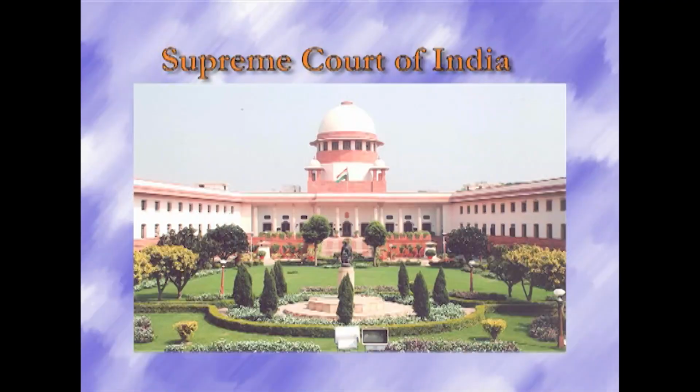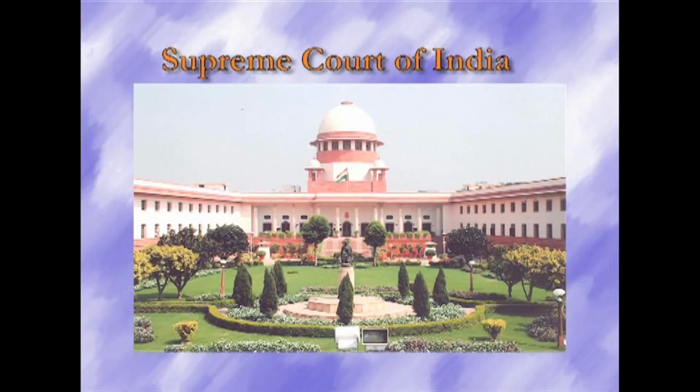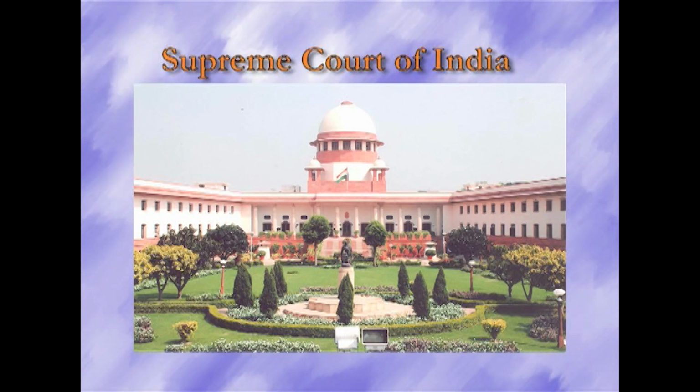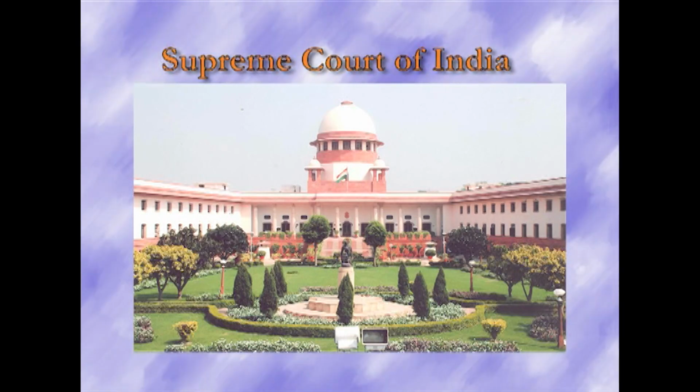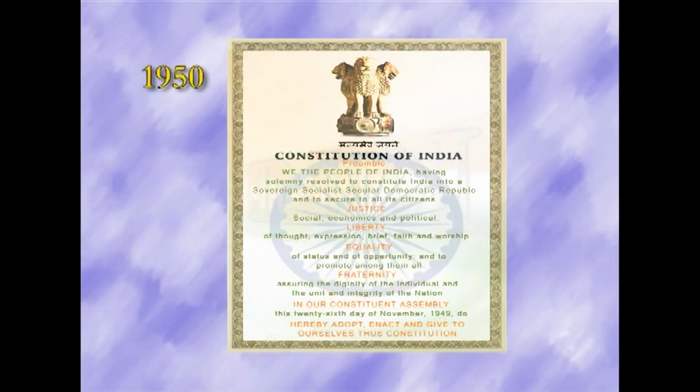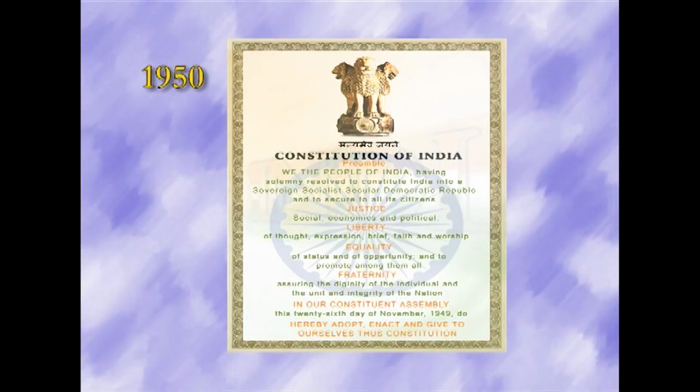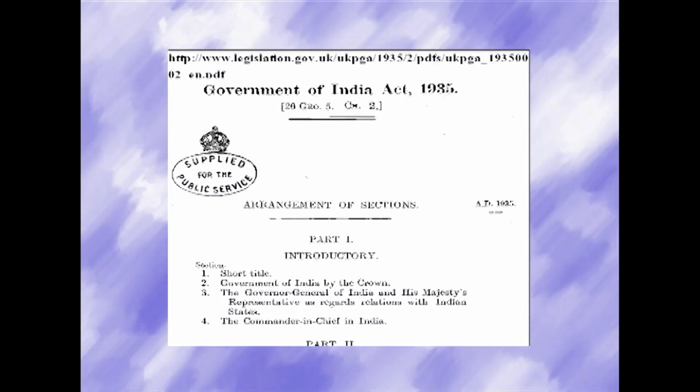Next, at the apex of the Indian judicial system, above the High Courts, there is the Supreme Court of India. Before India adopted its new constitution in 1950, there was a federal court established under the Government of India Act 1935.